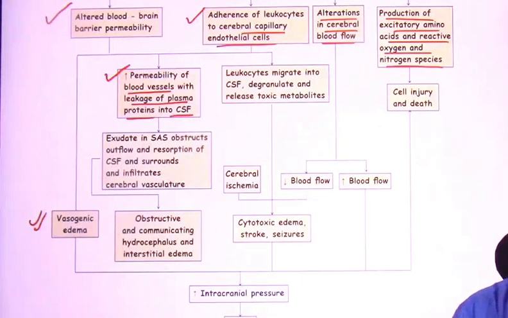This is the reason: the leakage of plasma proteins into the CSF, and that's why the protein content rises in all sorts of meningitis. Then the exudate in the subarachnoid space obstructs the outflow, and obviously that leads to increased intracranial pressure.